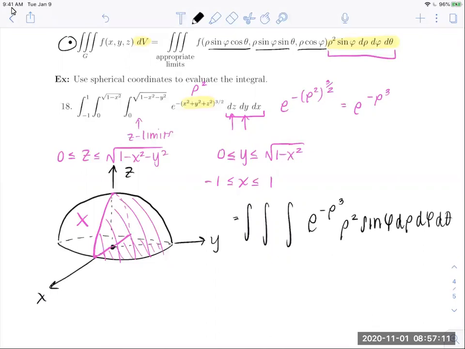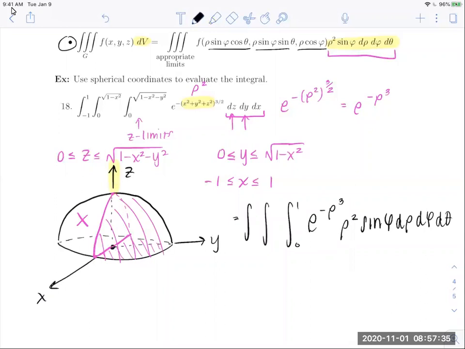So what is rho ranging from? We're looking at the piece of the solid sphere of radius 1. So that means that rho is ranging from 0 to 1. All right, what's phi ranging from? So we have our positive z-axis right here. How far away from that z-axis do we want to stray?